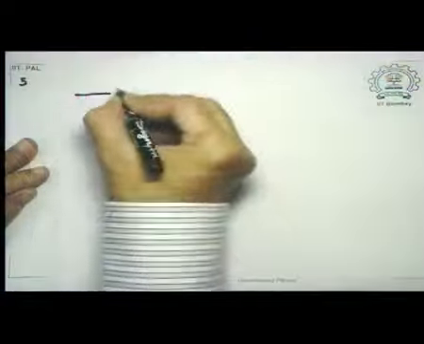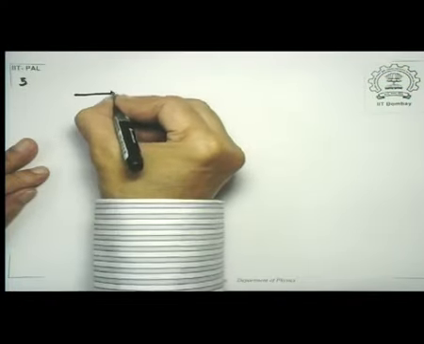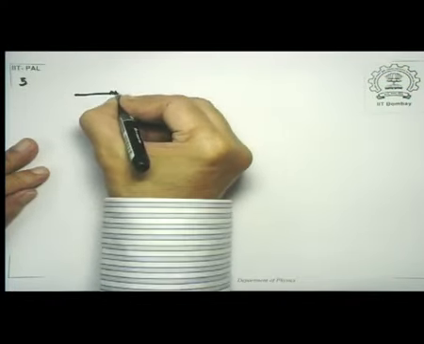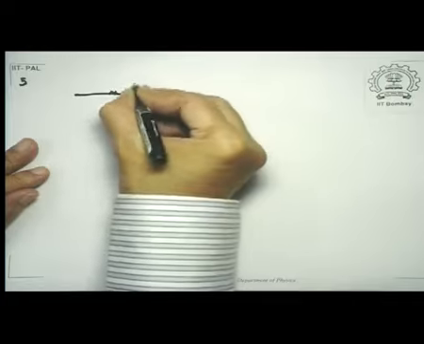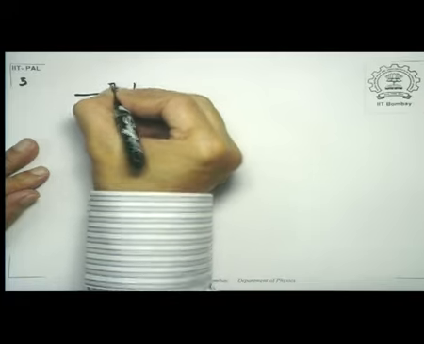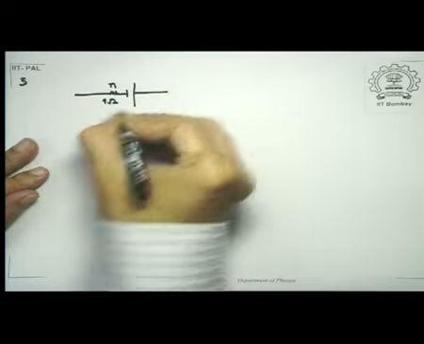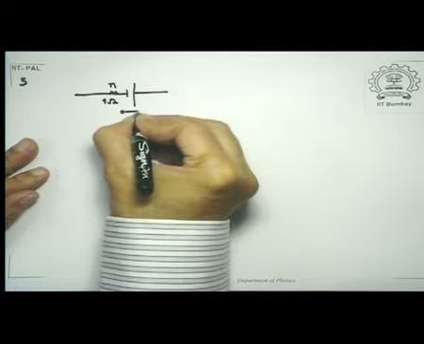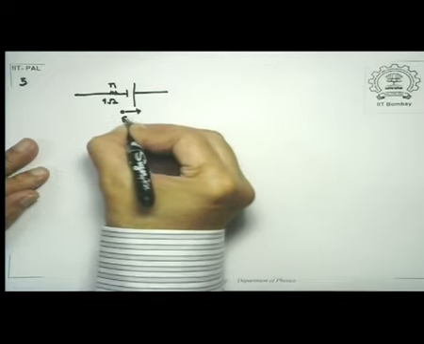So here I have got two batteries. Let me say that the first battery is like this, and this has an internal resistance of R1, which is 1 ohm, and this is E1, which is 2 volts.